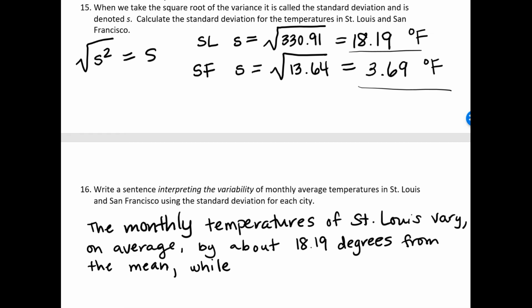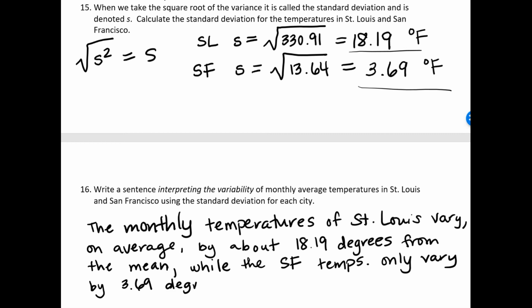Versus in San Francisco, temperatures only vary by about 3.69 or 3 degrees from the mean.